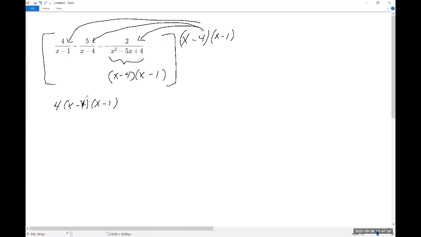That's a 4 there. It's not a very nice 4, but over x minus 1, minus 5 over x minus 4, and then x minus 4, x minus 1.